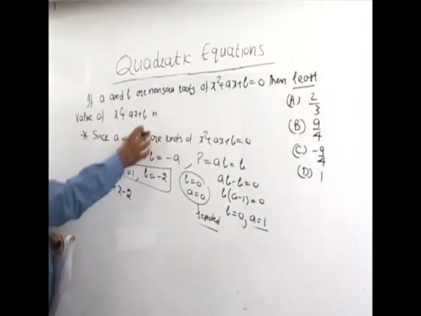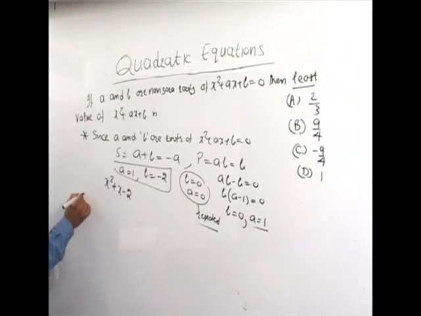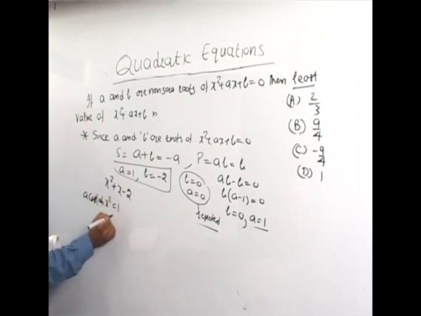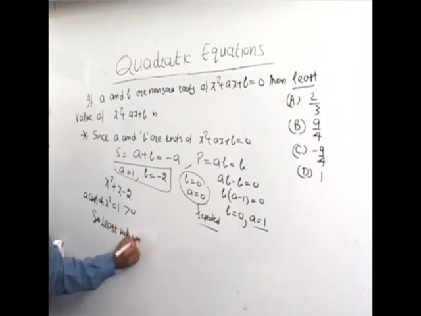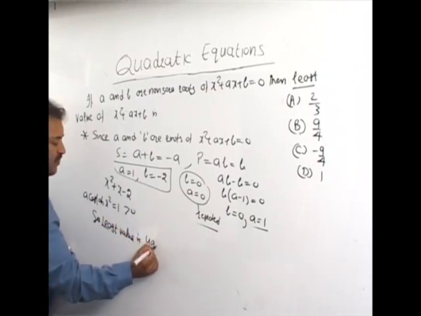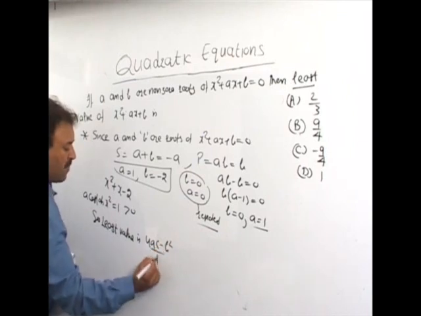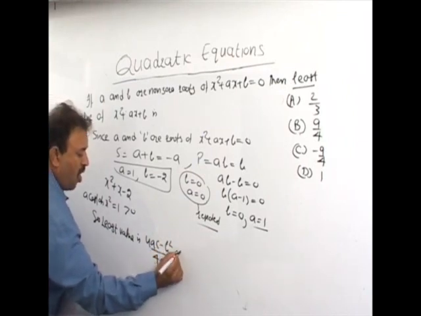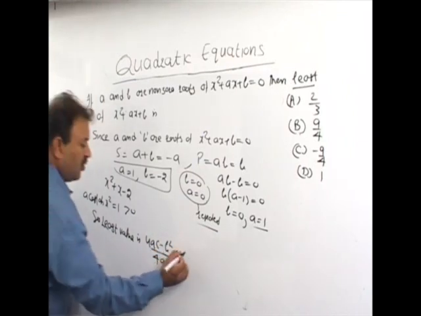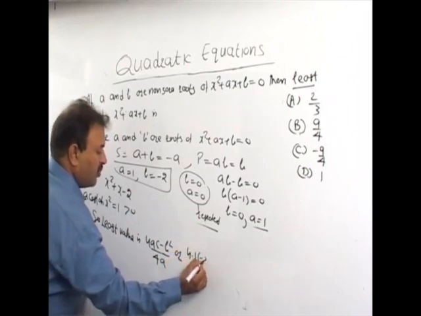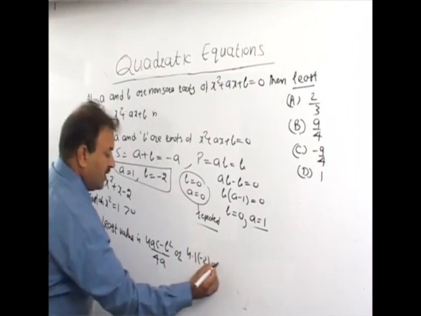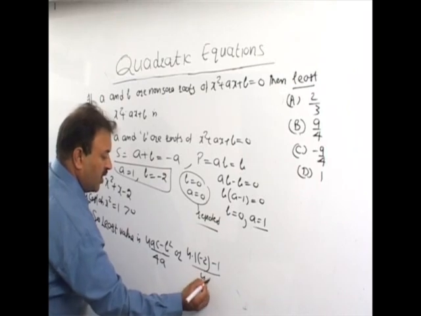We know the property that here the coefficient of x square is equal to 1, greater than 0. So, least value is (4ac minus b square) upon 4a, or it is (4 into 1 into minus 2 minus 1) upon 4 into 1.